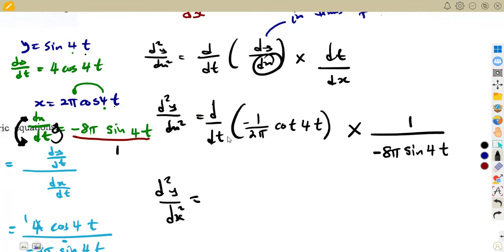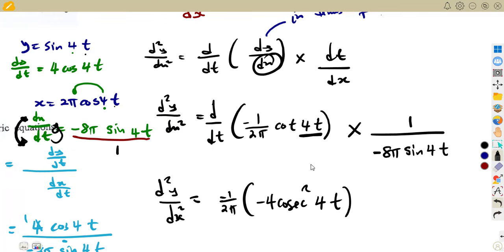Like I said, we are differentiating whatever you have here with respect to t. So what is the derivative of a cot? How do you differentiate a cot? Remember, cot changes to cosec, negative cosec squared, and the number multiplies whatever you have. So it's going to be negative 4 cosec squared 4t.